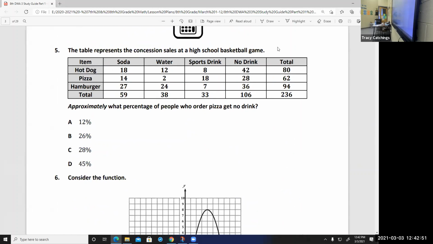All right, number 5. Good job. This is a two-way table. We looked at it some Monday, this was yesterday. We call it a two-way table because they give us 2 different sets of categories. So if I look to the right, what categories are they referencing?